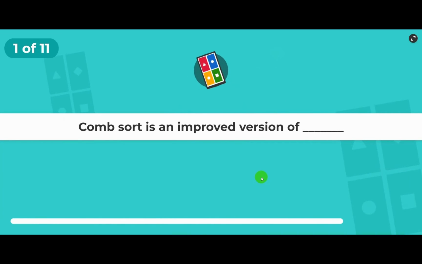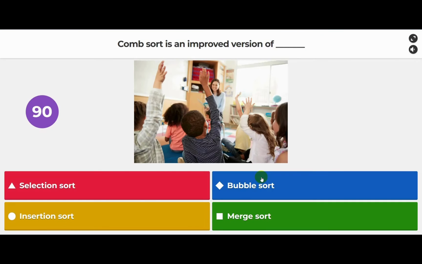Comb sort is an improved version of which algorithm? I think the correct answer is bubble sort, because comb sort compares two elements at a variable gap from each other in each iteration, unlike bubble sort, where the gap remains one.